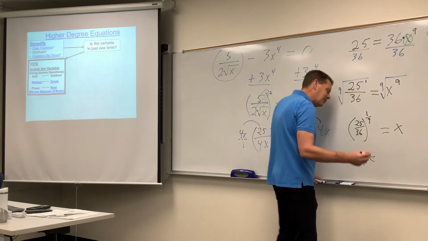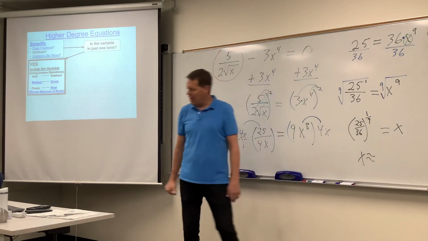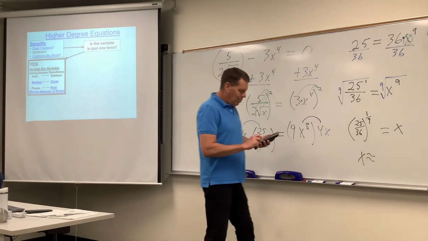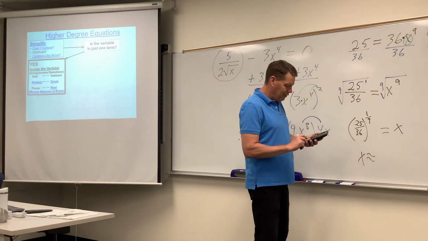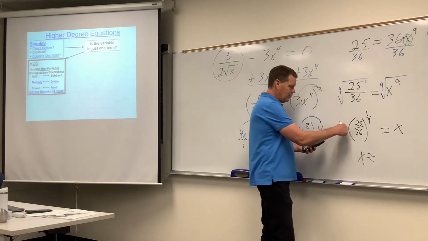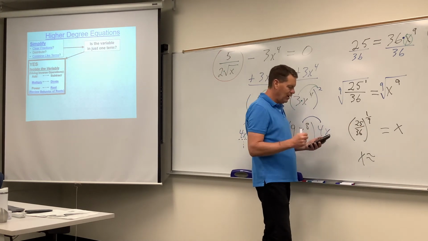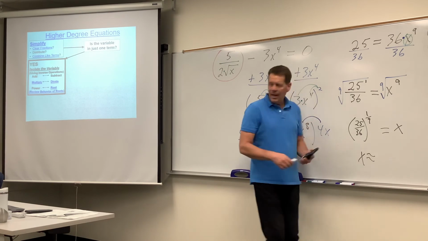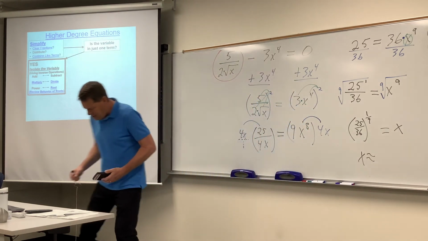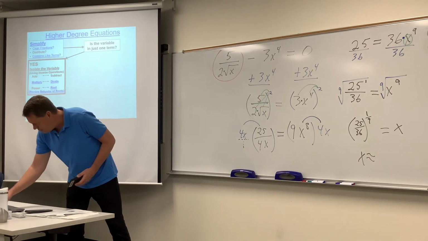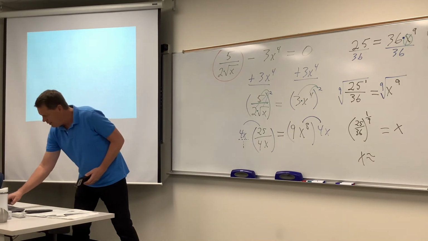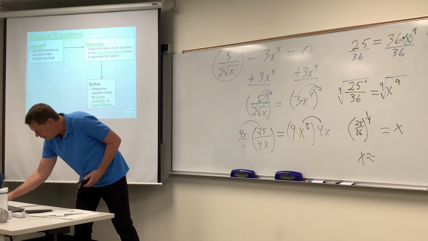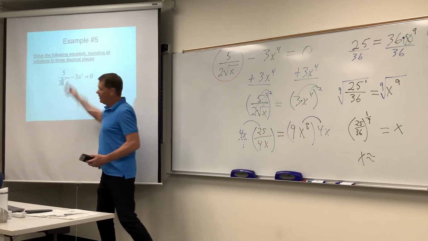I hope you understand it's hard to talk about calculator usage when we're socially distant here. But parentheses, 25 divided by 36, close the parentheses, raised to the power of, parentheses, 1 divided by 9, parentheses. And let's go back and remind ourselves of what we were asked to do in terms of rounding. We were told 3 decimal places.